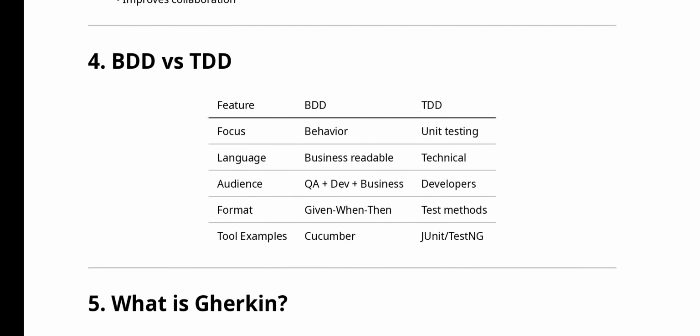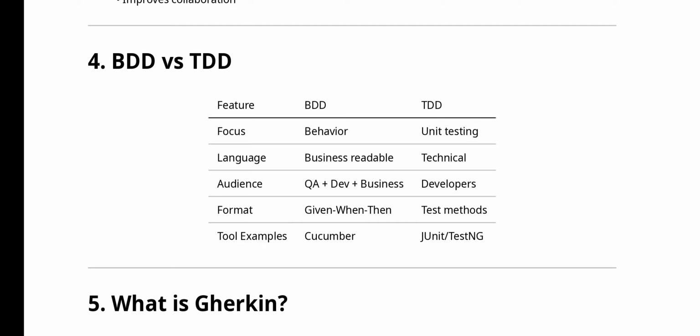Okay, and then what's the difference between BDD versus TDD? BDD is behavioral, whereas TDD is done at the level of unit testing. BDD is usually written in business readable language, whereas TDD is written in a technical language.